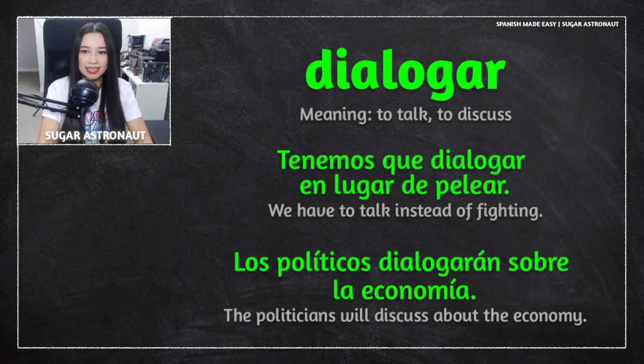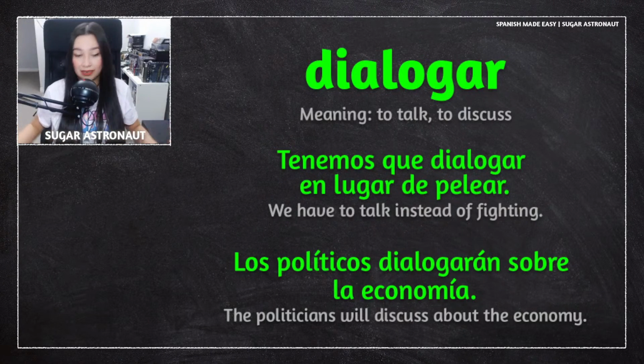And that's a great example. You will hear this a lot, as I said, in formal situations. Maybe someone from the news is saying this. Los políticos dialogarán sobre la economía. The politicians will discuss or will talk about the economy, okay? So dialogar is a very, very common verb that means to talk, to discuss.